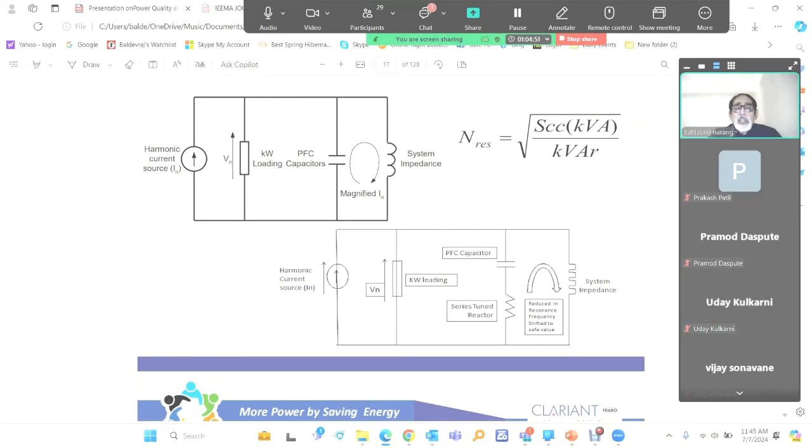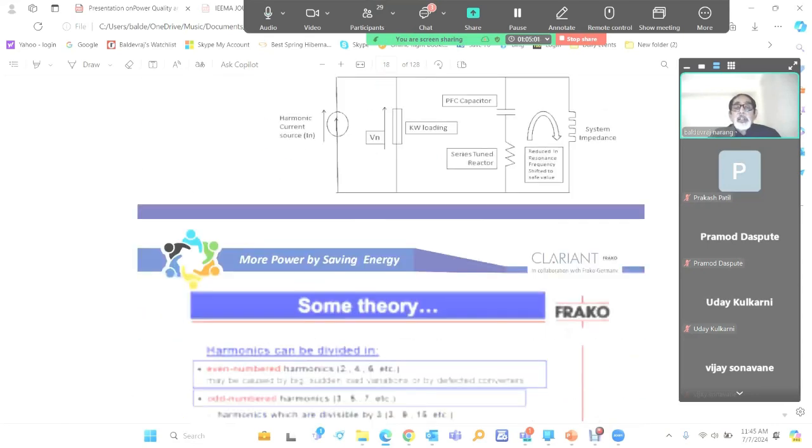That means we provide an easier path for the harmonic to be absorbed through this combination, so that it is not transferred to the grid.